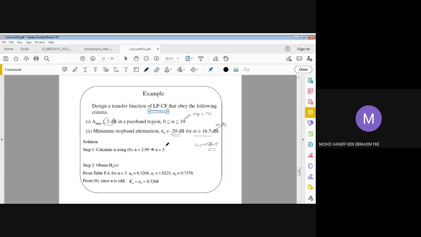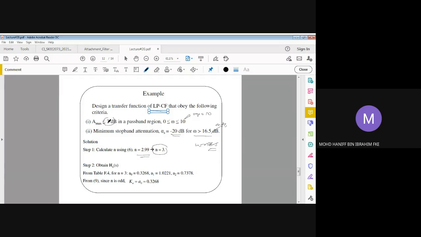Okay, so using these 4 important parameters, A max, omega P, alpha S, and omega S, you can obtain N, the filter order, in which N is 2.99, and rounding it up, you're going to have 3 as the filter order. Then we use table F4 to find the Chebyshev polynomial.